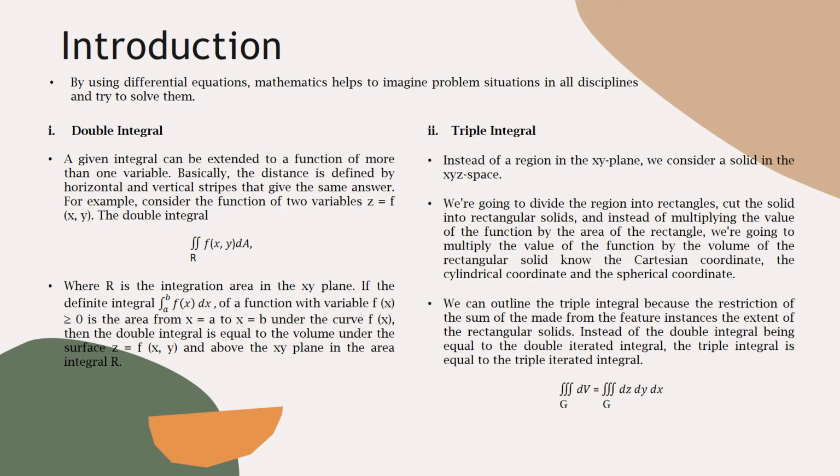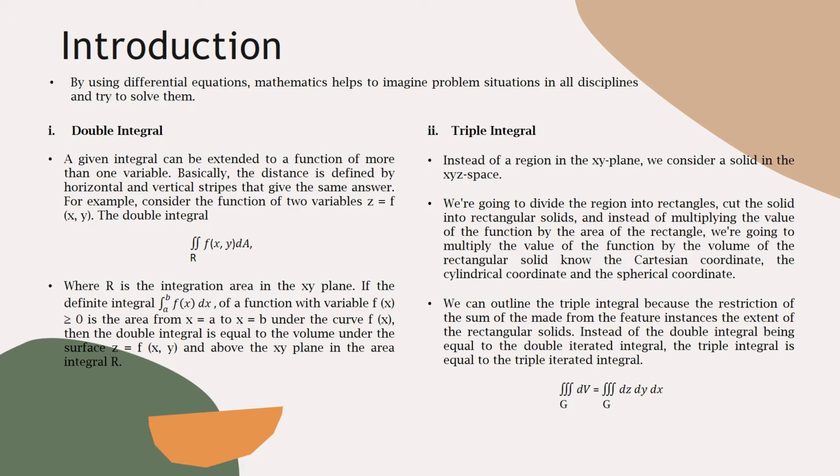Triple integral. Instead of a region in the xy plane, we consider a solid in xyz space. We are going to divide the region into rectangles, cut the solid into rectangular solids, and instead of multiplying the value of the function by the area of the rectangle, we are going to multiply the value of the function by the volume of the rectangular solid.